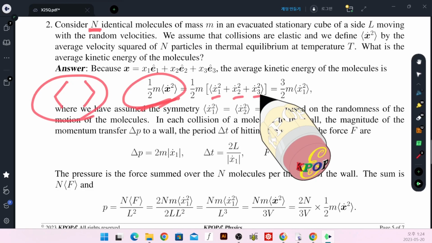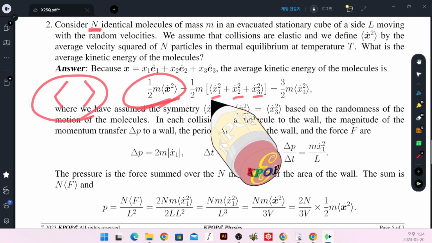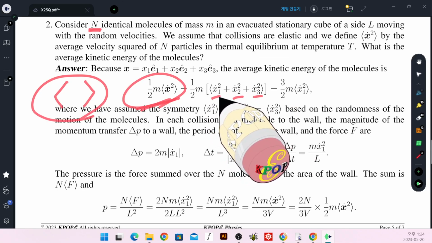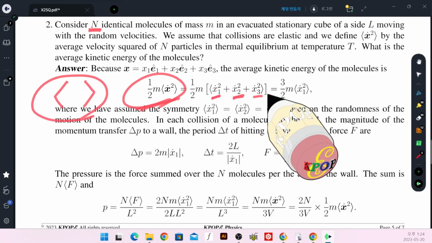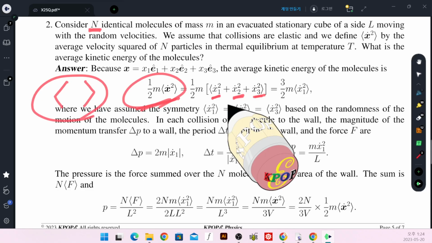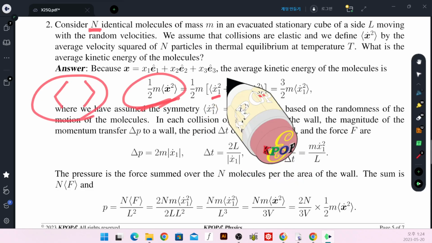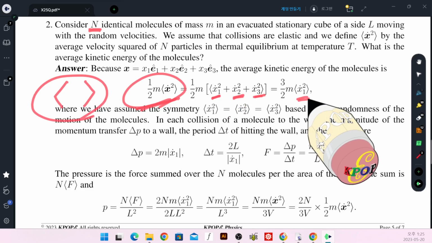If we neglect gravity, then due to the isotropy of Euclidean space, these three contributions must be identical to each other. Therefore, the simple calculation can be made by a single average over the N identical molecules for a single Cartesian component contribution to the kinetic energy.